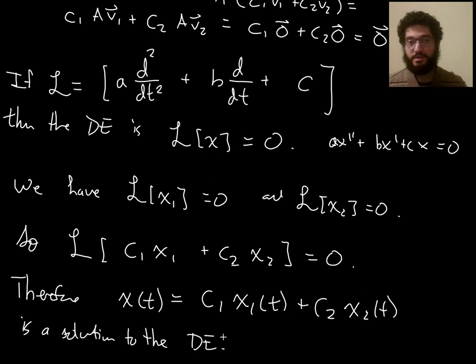If this is to be the general solution, then it needs to include all solutions to the differential equation. That's what general solution means, right? It means includes all possibilities. It's general. It includes all solutions to the differential equation. How do I know that I haven't missed any, that there aren't any other solutions?